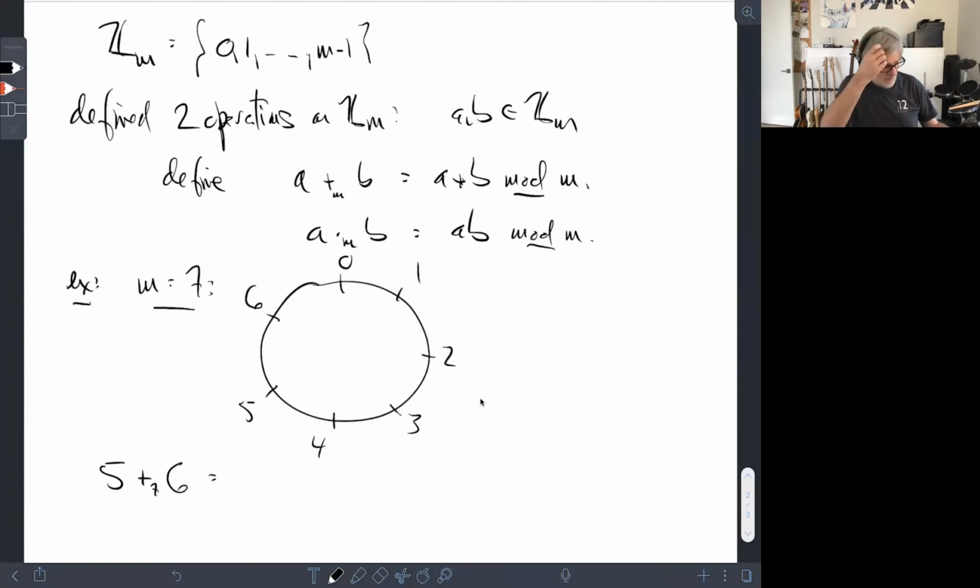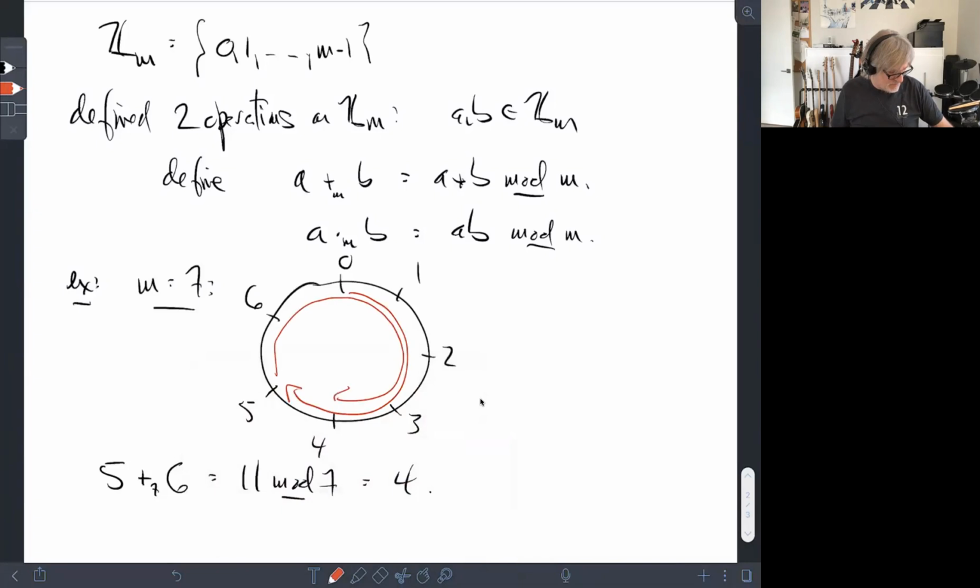If I just follow the definition here, this will be 11 mod 7, and that turns out to be 4. But another way of seeing it is just going around the circle. If you go 5 units like this, and you add 6 units, 1, 2, 3, 4, 5, 6, you end up at 4. So that's the same thing.